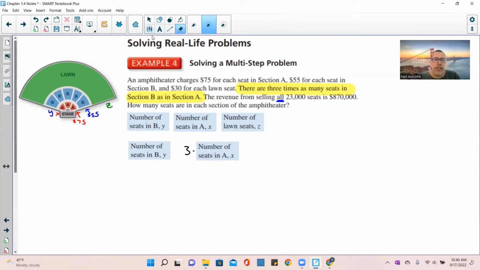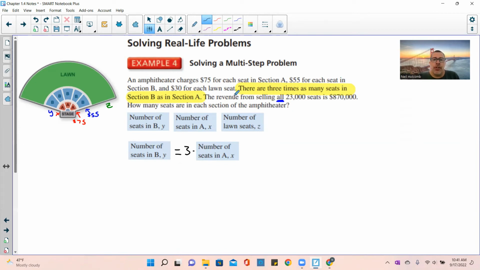That's equivalent: the number of seats in B is equal to 3 times as many seats as A. So B equals 3 times A. That is from the highlighted part.